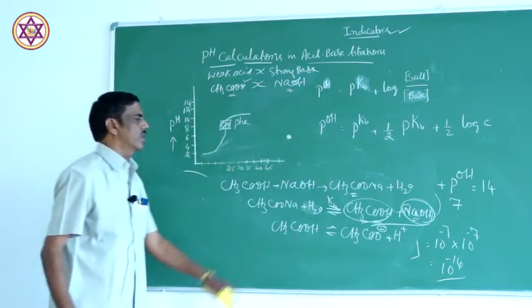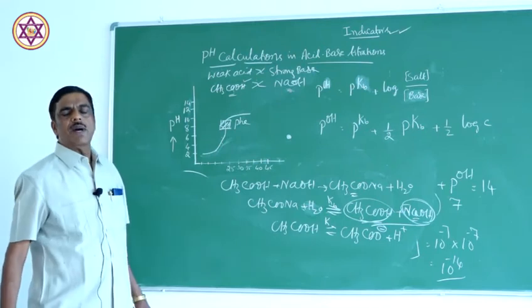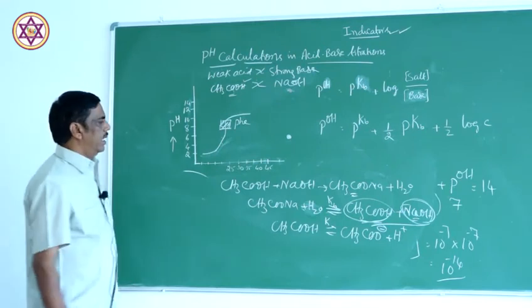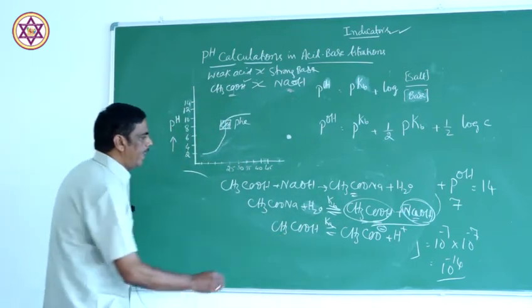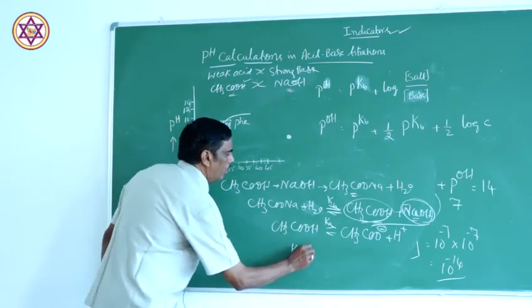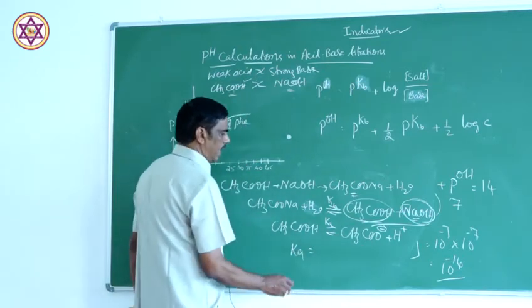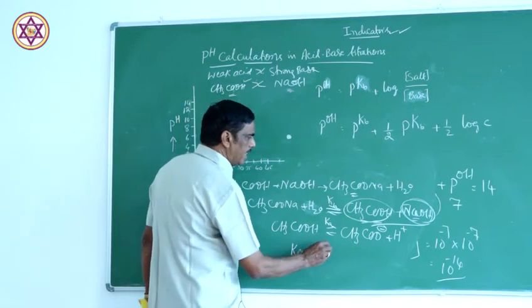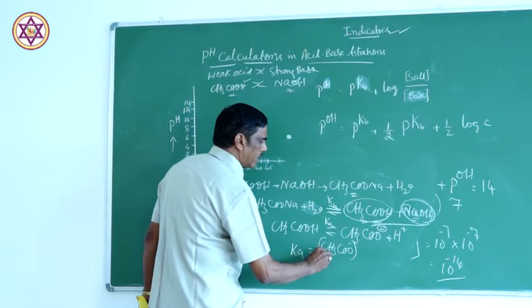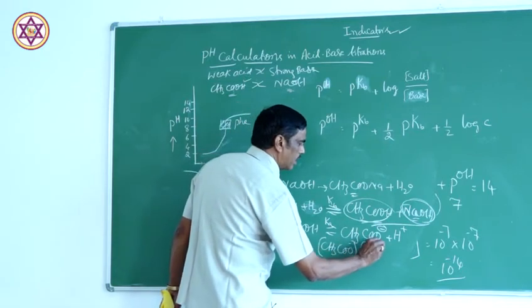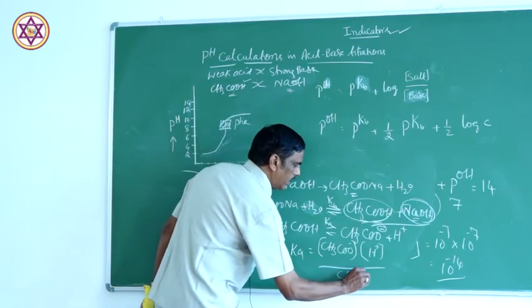This is a reversible reaction. Therefore, you can apply the law of mass action to calculate the equilibrium constant of this. This equilibrium constant is represented by Ka. Ka is equal to the concentration of the products by the concentration of the reactant. The concentration of the products is CH3COO minus concentration into H plus concentration, divided by the concentration of acetic acid.